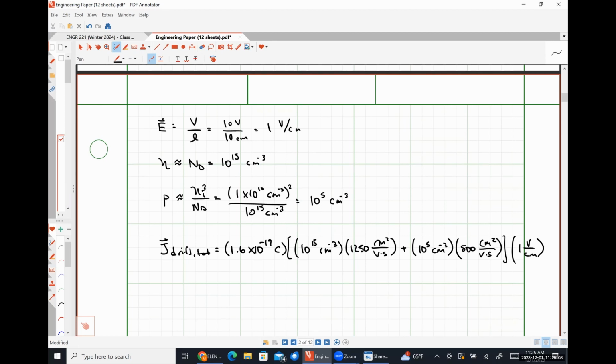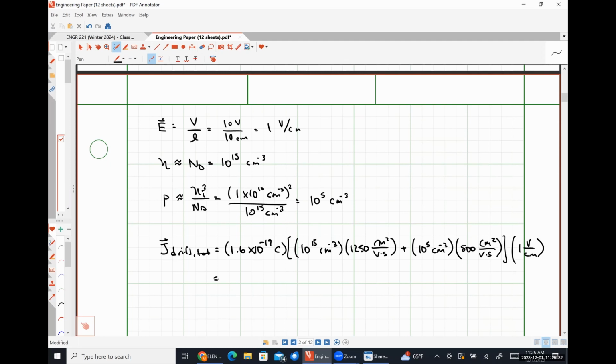I think this volt here is going to cancel this volt and this volt because we could add these quantities together. So the volts go away. So we're going to be left with coulombs per second per centimeter squared. Coulomb per second is an amp, so amps per centimeter squared. We absolutely have the dimensions correct for a current density.